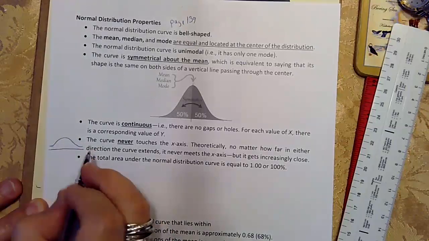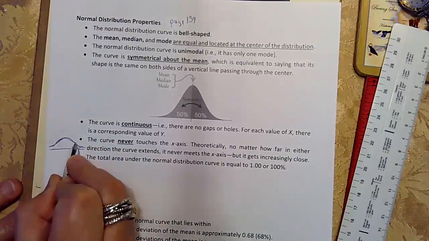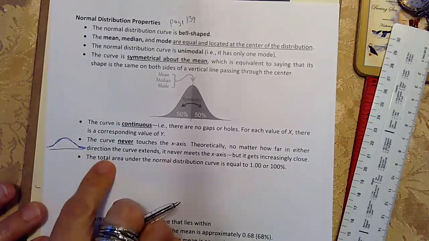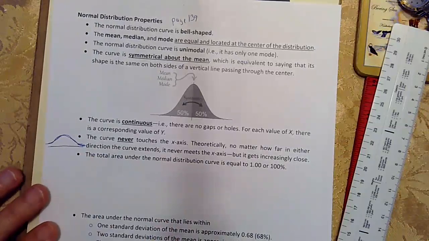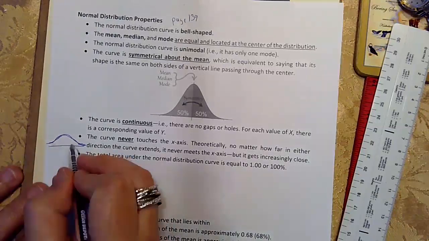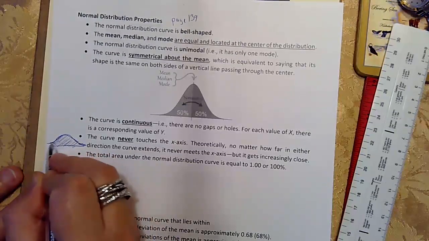They want you to make it very close, approaching, but not actually touching, is what they prefer. The total area under the normal distribution curve is 1 or 100%. So the whole area underneath the curve is 1, or if it's a percentage, 100%.